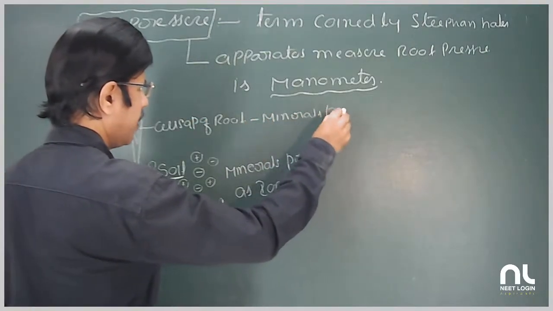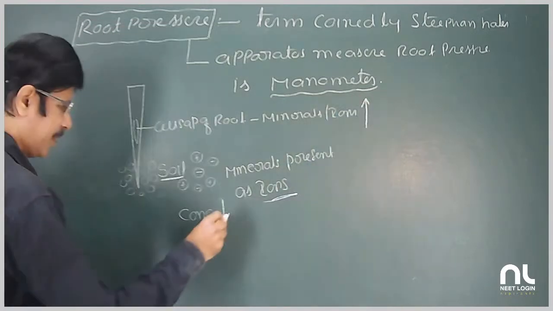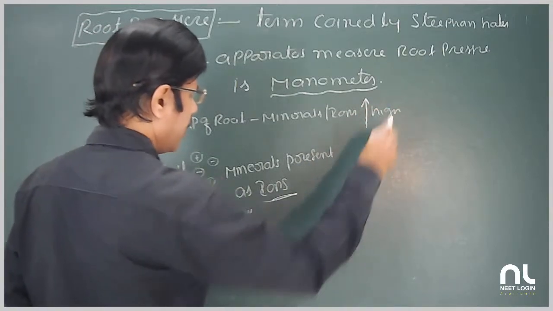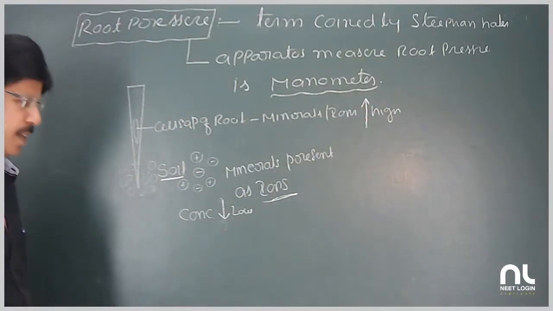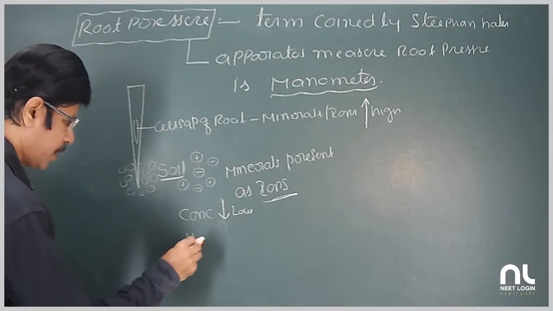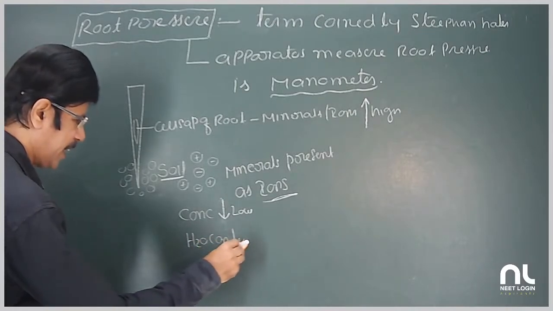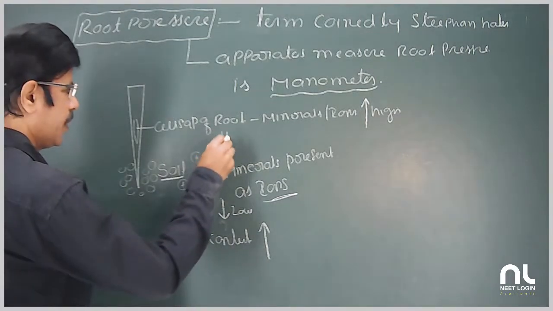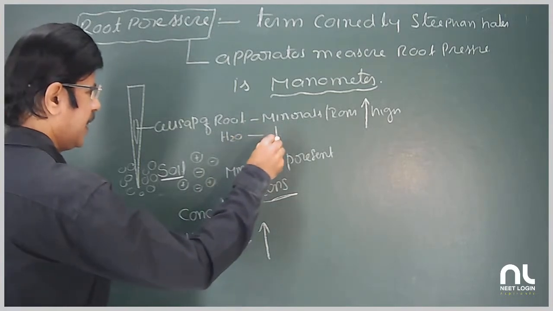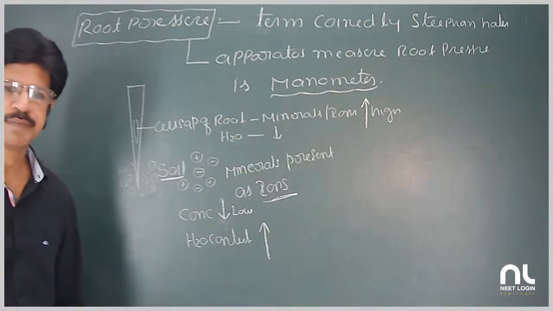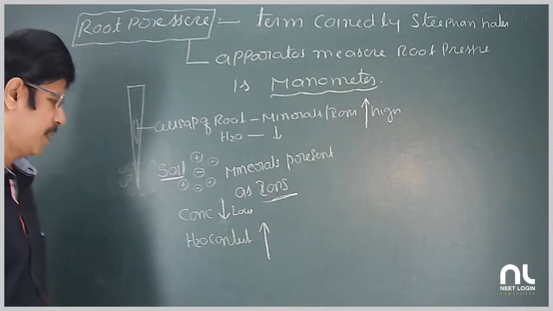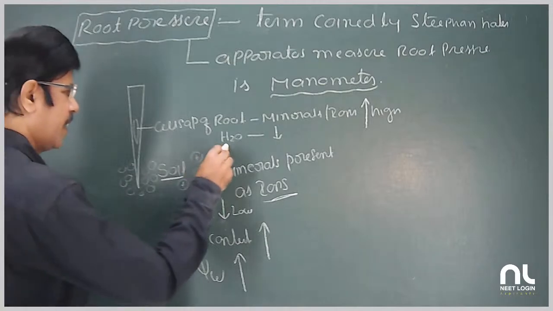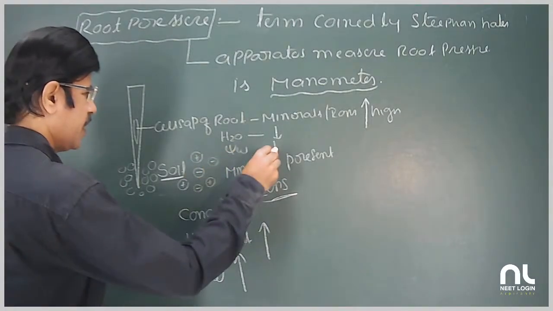Minerals or ions: low in soil, high in the root. Water content is high in soil, and low in the cell sap of the root. Water potential in soil is high, water potential in the root is low.